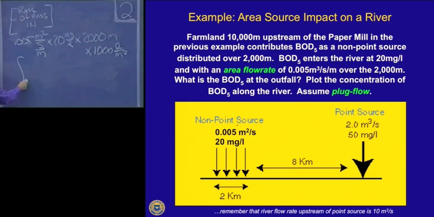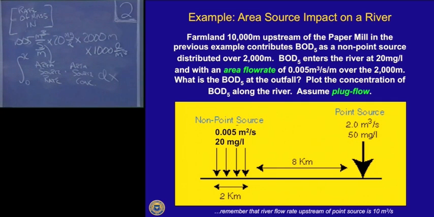From the beginning of the distributed source to some distance, x, inside the distributed source, I take my area source rate times the area source concentration, dx.